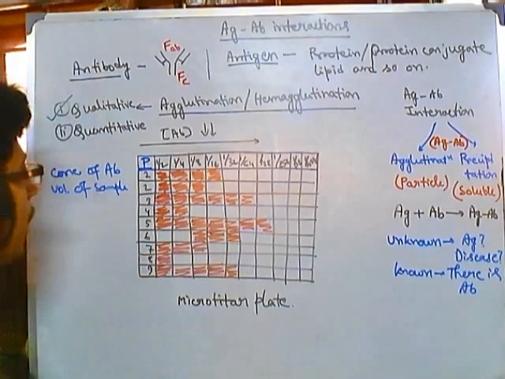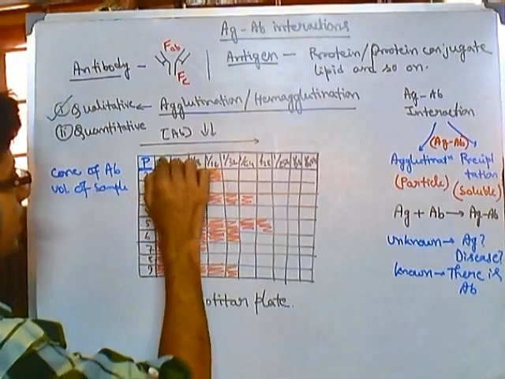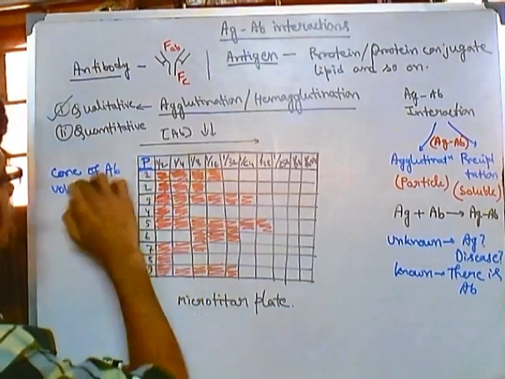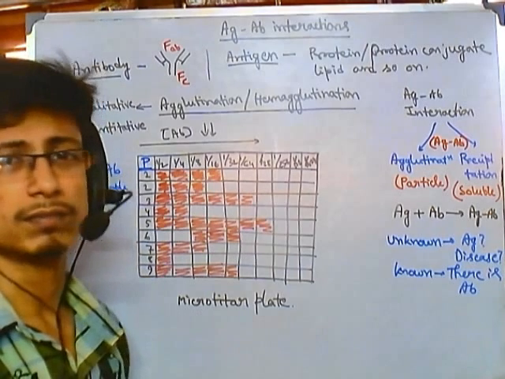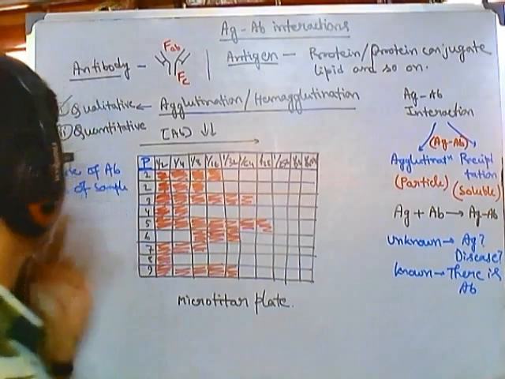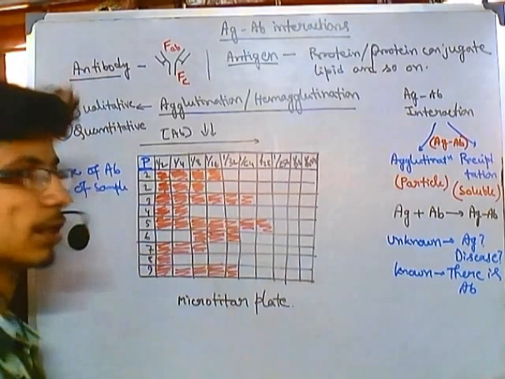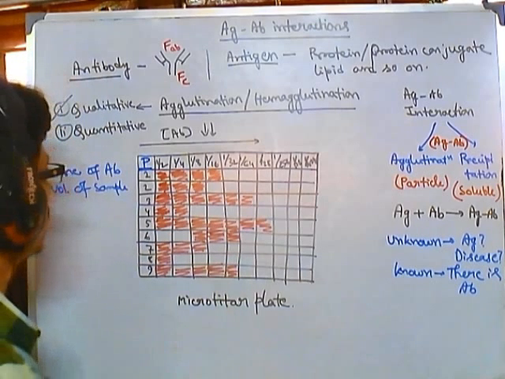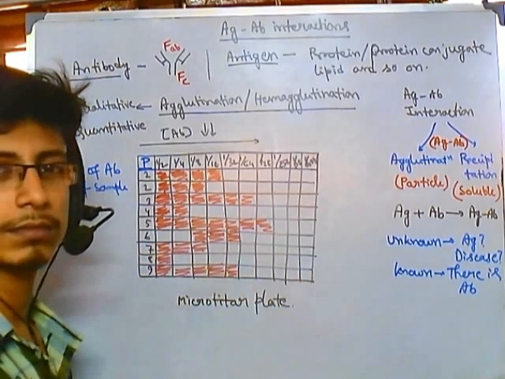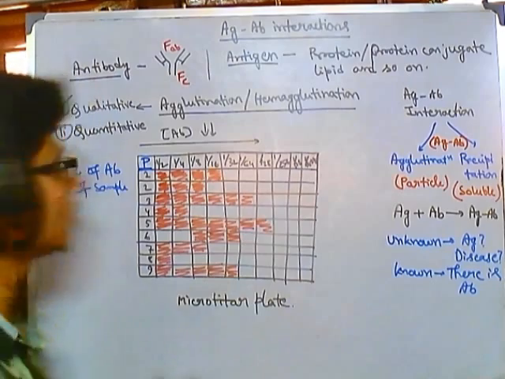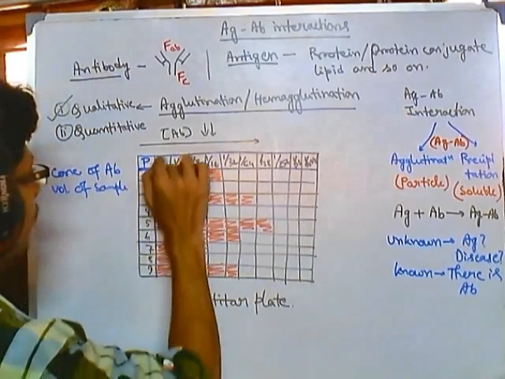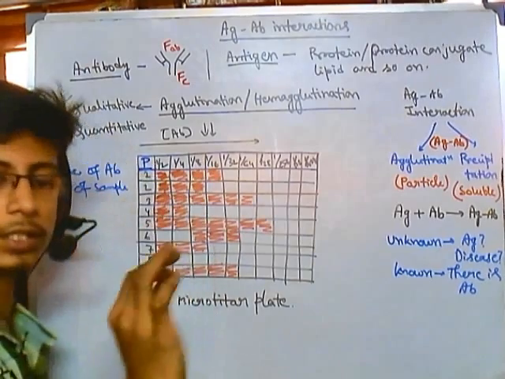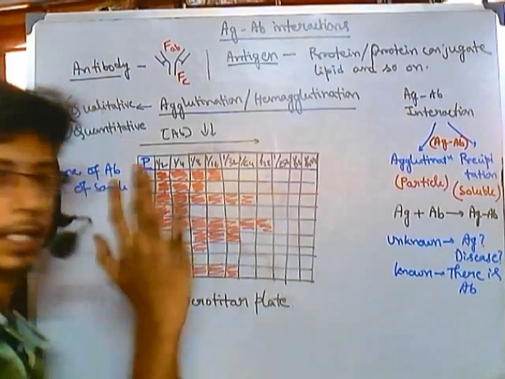Okay, so in this case, suppose we are providing the concentration of antibodies of a particular type, 10 to the power 2. Concentration means simply, we can say, gram per liter, not gram, nanogram. So 10 to the power 2 nanogram per liter, for example, for the first one. So this is the concentration which will be constant for all these cases.